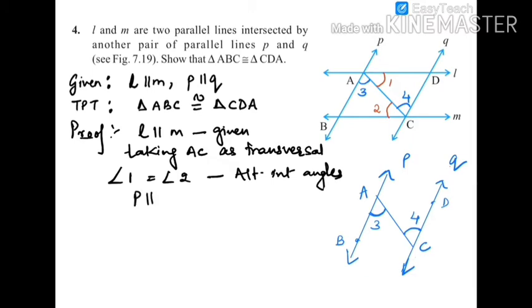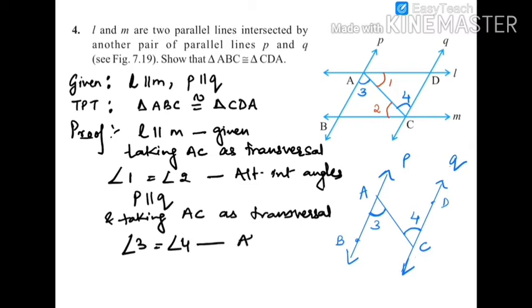Taking P parallel to Q and AC as transversal, angle 3 will be equal to angle 4 as they form alternate interior angles. Let's mark this step as 1, this as 2.